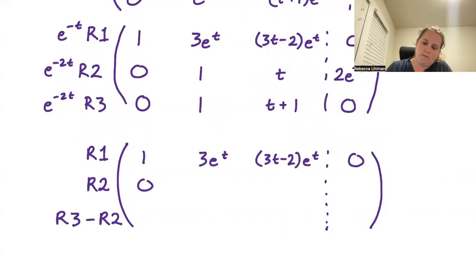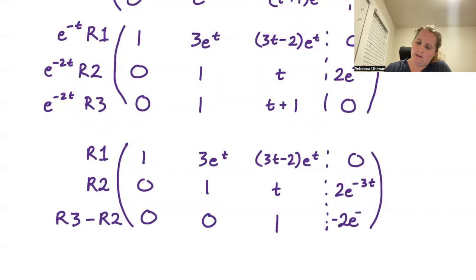We would have 0, 1, t, and 2e to the negative 3t for our second row. Our last row becomes 0, then 1 minus 1 is 0, t plus 1 minus t is 1, and 0 minus 2e to the negative 3t is just negative 2e to the negative 3t.